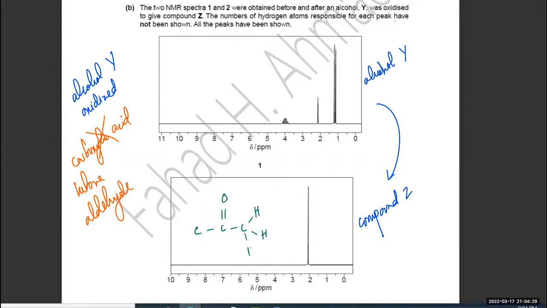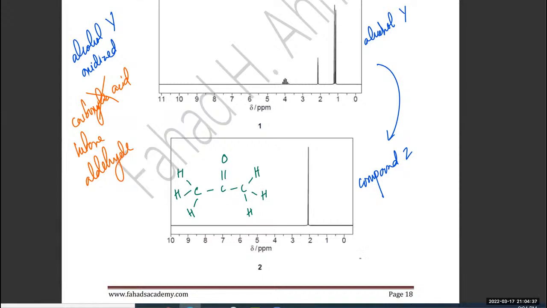Is there any other ketone that will have a single peak? If you add one more carbon to each side, will it have a single peak or not?